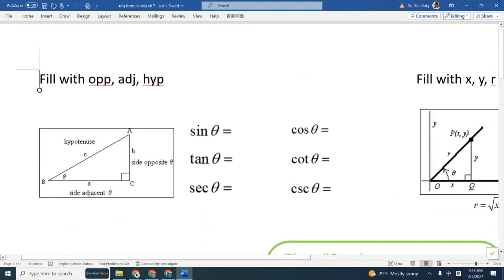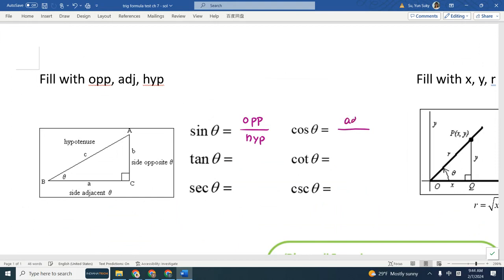We start with this right angle triangle, and we want to fill in opposite, adjacent, and hypotenuse. Sierra, what is sine? Yes, opposite over hypotenuse. Erica, what's cosine? Yes. Madison, what is tangent?